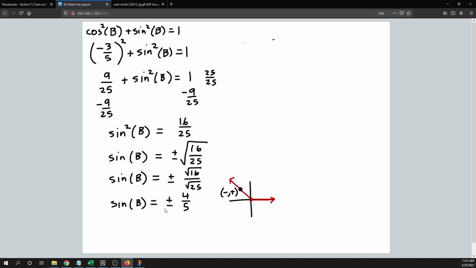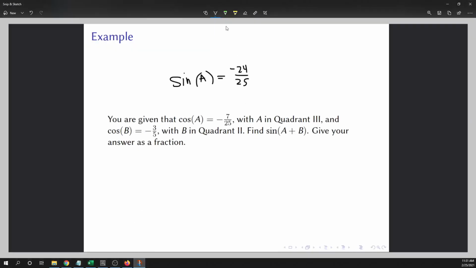And so we're talking about the sine, that's given by the second coordinate. So the correct choice between the minus and the plus is the plus. For a quadrant 2 angle, they have positive signs. So it's positive 4/5 as the answer. Okay? All right, so I'm going to write that down for future reference.